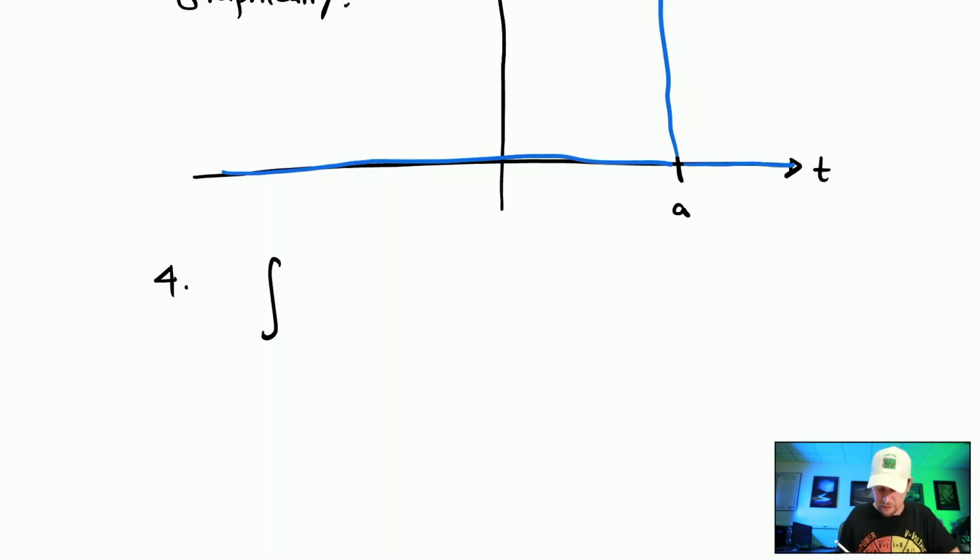So for example, here I'm not going to integrate from minus infinity to infinity, but suppose that I integrated from a minus a tiny little bit to a plus a tiny little bit, and I considered the impulse of t minus a dt.